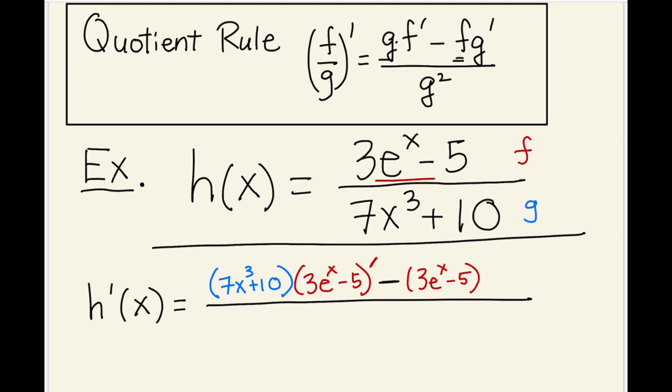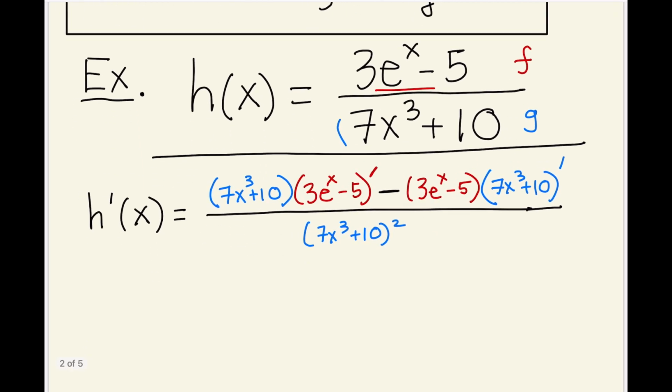I'm subtracting, because it's the quotient rule, and then I write the top function, 3e to the x minus 5, multiplied by the derivative of the bottom function, 7x cubed plus 10 prime. Then this will be divided by the bottom function squared, so 7x cubed plus 10 squared.